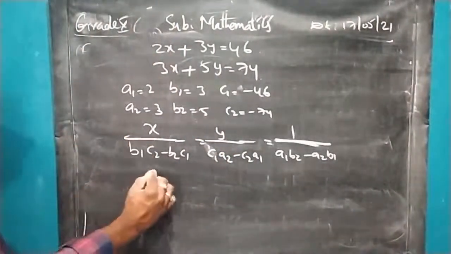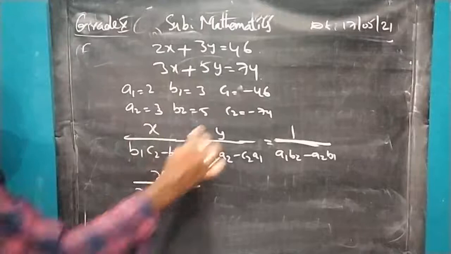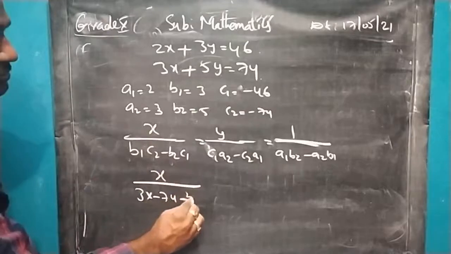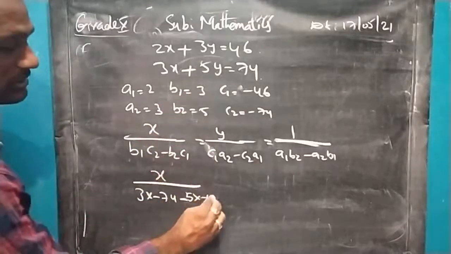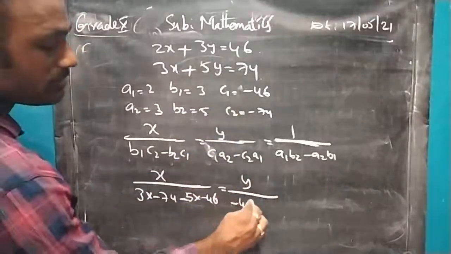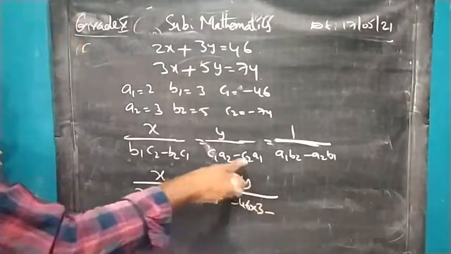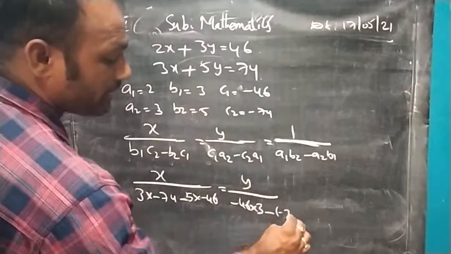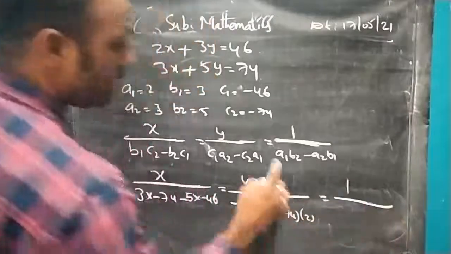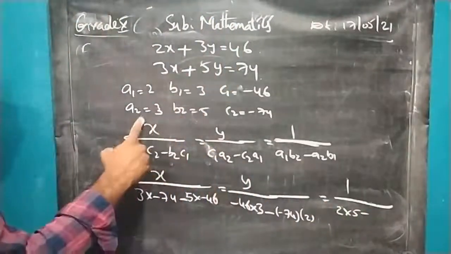Now let us substitute the values. x by, what is the B1 value here? 3 into C2, minus 74, minus B2, 5 into C1 value, minus 46, is equal to y by C1 A2, that is minus 46 into 3, minus C2 A1, so minus 74 into 2, is equal to 1 by A1 B2, 2 into 5, minus A2 B1, 3 into 3.